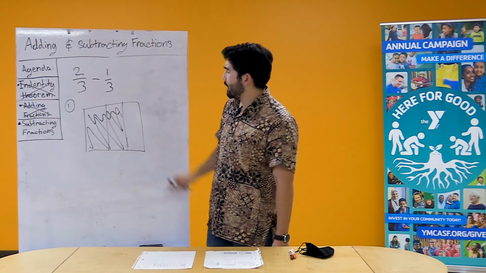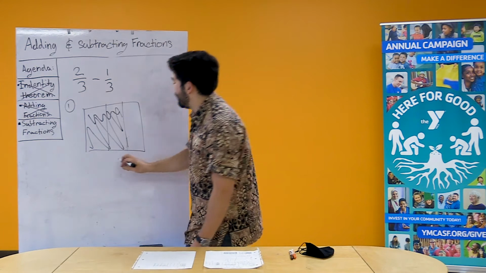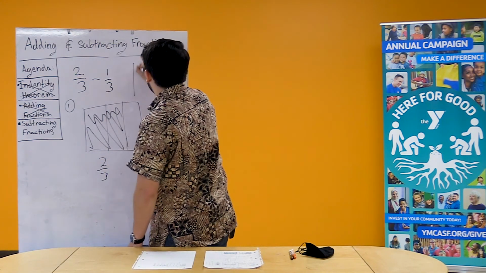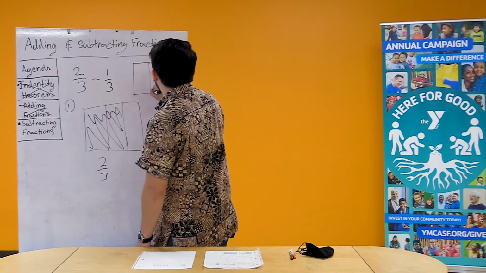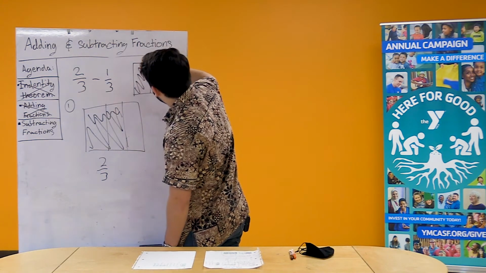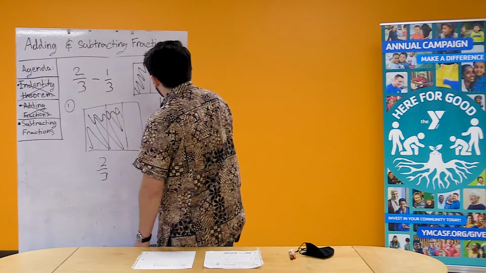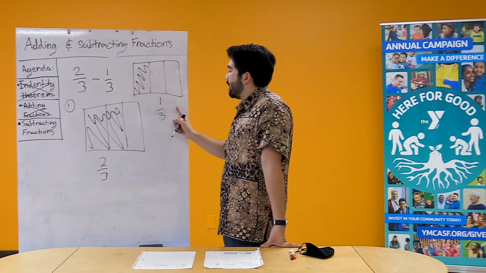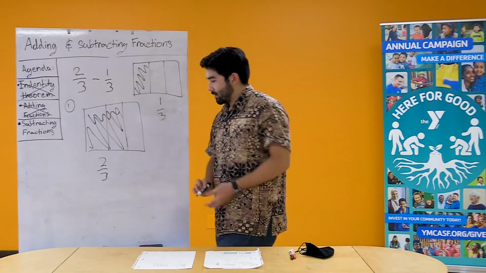Perfect. And now let's draw a box for our 1/3. Let's do that up here. Okay, fill that in. Okay, this is 1/3. So when we subtract, we're going to take 1/3 away from 2/3.